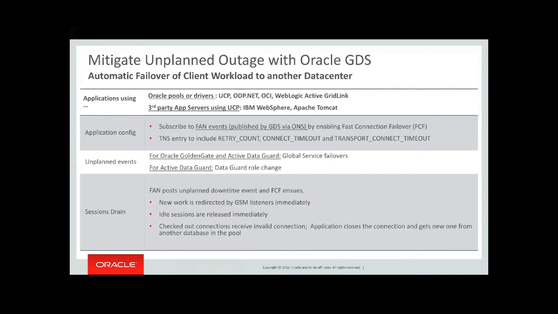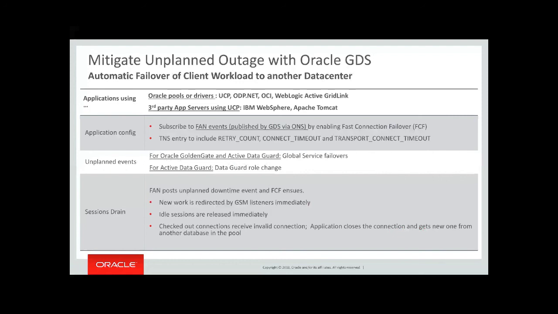So in those scenarios, the moment these failures happen, GDS relocates the global services and publishes a FAN notification that this particular service event has occurred: the service is down on one database, and the service is up on another database. Those fast application notifications are sent by GSMs to the connection pool clients.